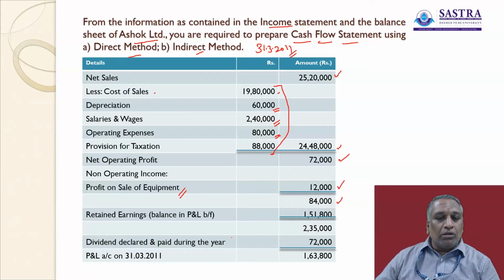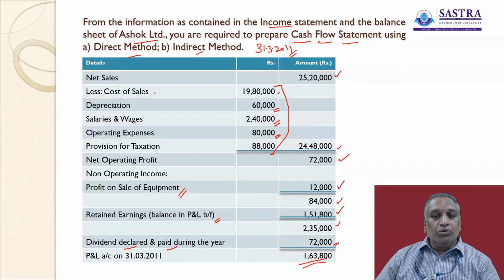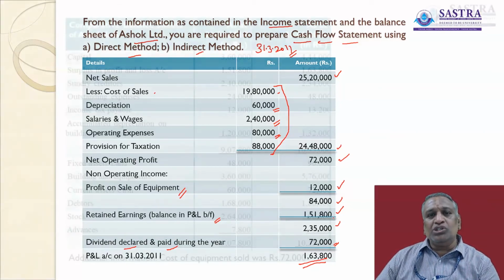And you are also adding the opening profit, that is, profit brought forward from the previous year, 1,51,800, and for the current year, the dividend declared and paid was given as 72,000, and the net profit is arrived at 1,63,800. So using this information, we are trying to find out how this has impacted the cash position of the firm.